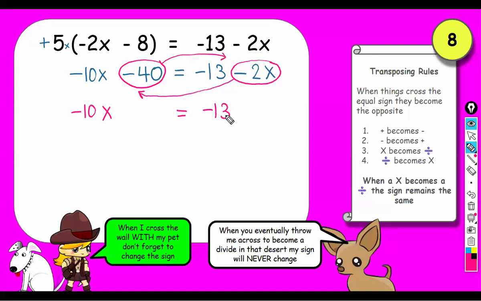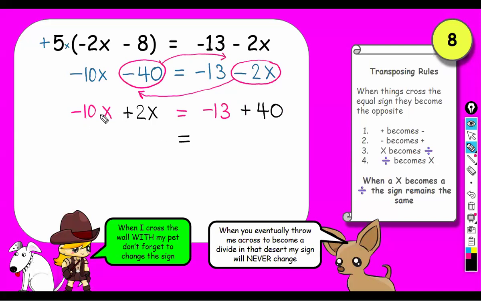They are not required to move. A minus 2x, the pet and the human, when it goes across on the other side, it becomes positive 2x. And minus 40 zombie, throw it across, get positive 40 zombie.